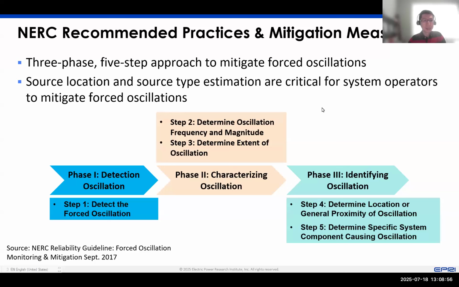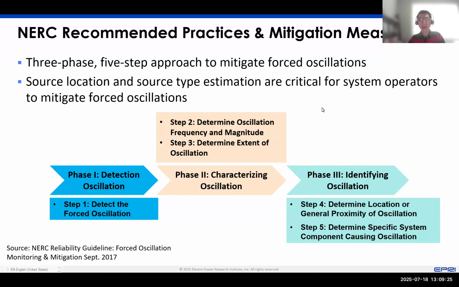Here is a quick summary of the NERC recommended practice and mitigation measures for forced oscillations. There are 3 phases and 5 steps. First, you need to detect the forced oscillation to be aware of what is happening in your system. The next step is to determine the oscillation frequency and magnitude, and whether the oscillation is severe or not.